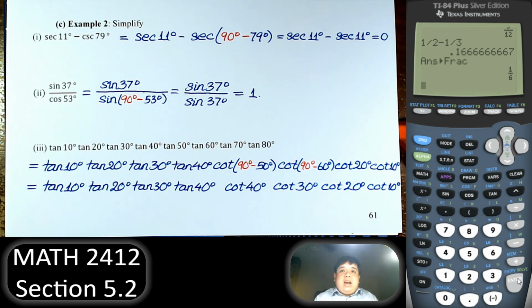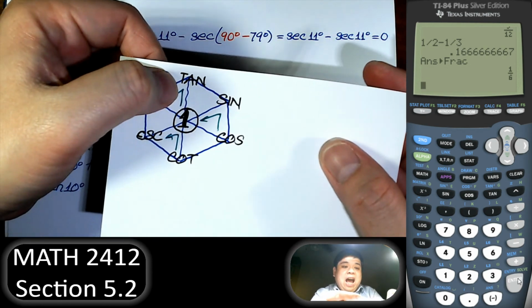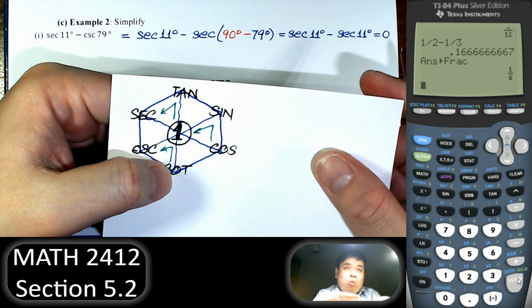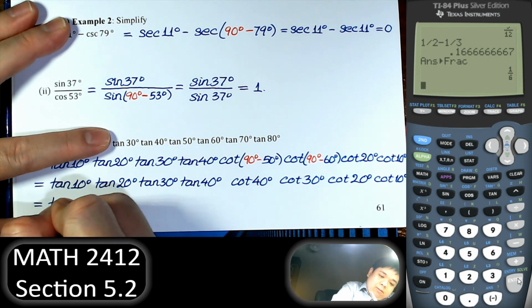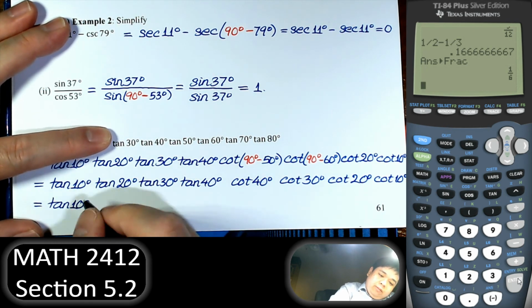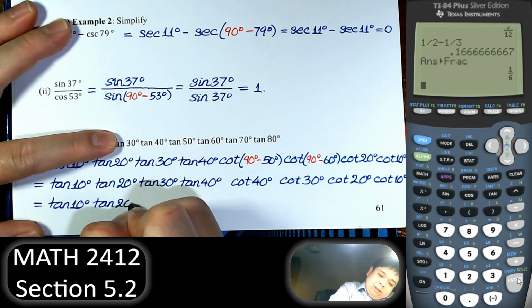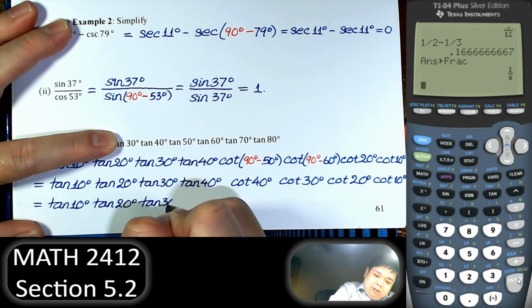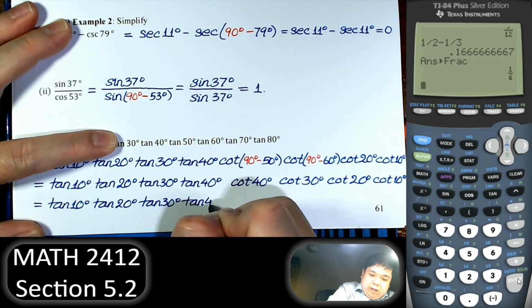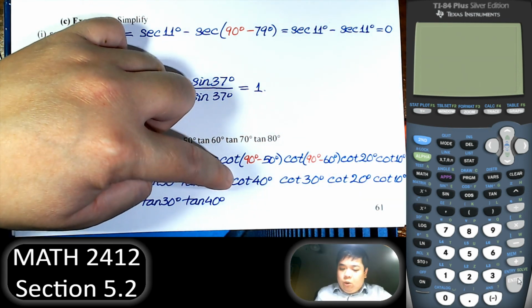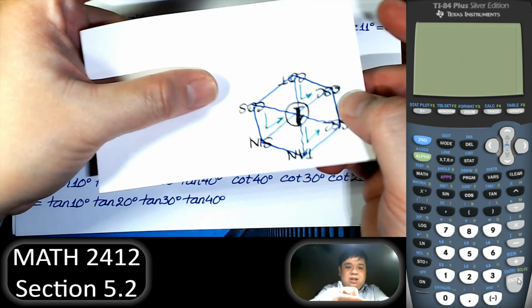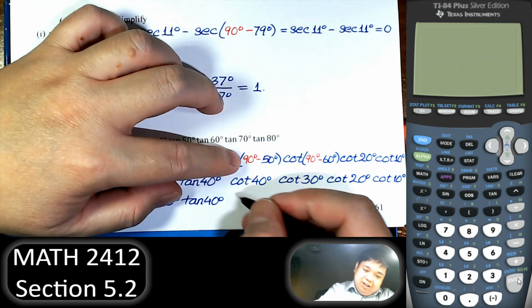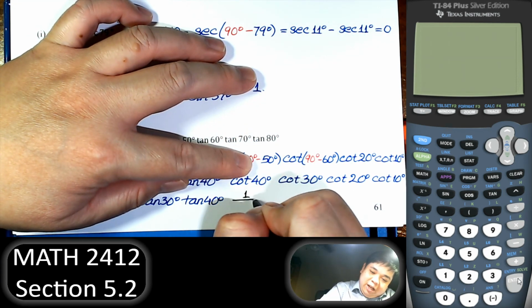Now, tangent and cotangent, not only are they co-functions of each other, they are also reciprocals of each other. So by that we mean cotangent of 40 is 1 over tangent of 40. So we can write this as 1 over tangent.